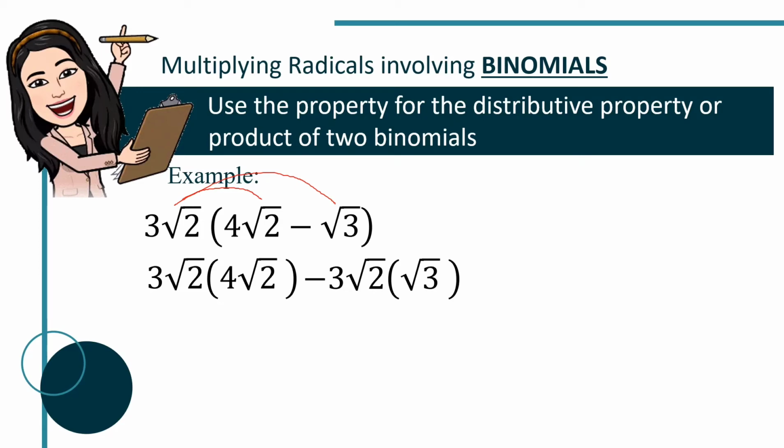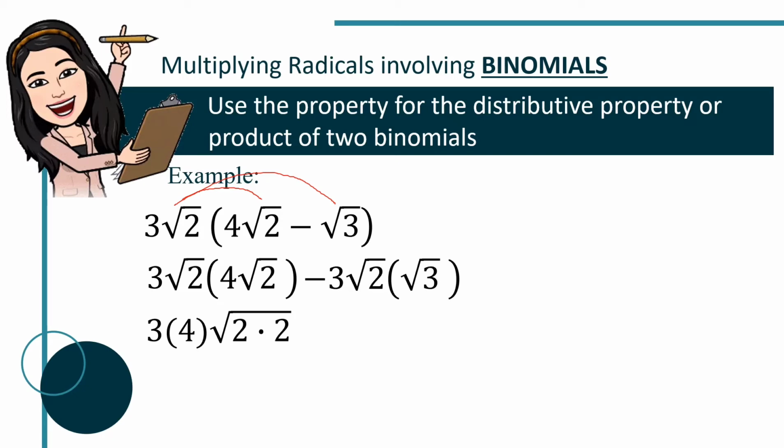So, what is 3 square root of 2 times 4 square root of 2? Paano ba mag-multiply again? Apply natin yung case number 1. Multiply the coefficients and then multiply the radicals. So, 3 times 4, imumultiply ulit yung coefficient, and then multiply natin yung radical, 2 times 2.